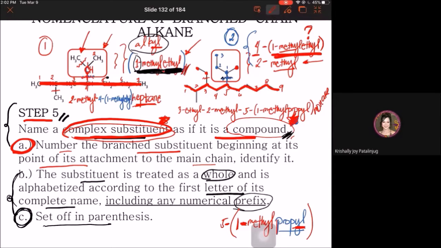But if you wanted to use the non-systematic way, yung common names ng complex, simplest or simpler complex substituents, you may. Okay? You may use those common names for simpler nga branch chain alkyl groups. Okay? That is still well accepted by the IUPAC rules.